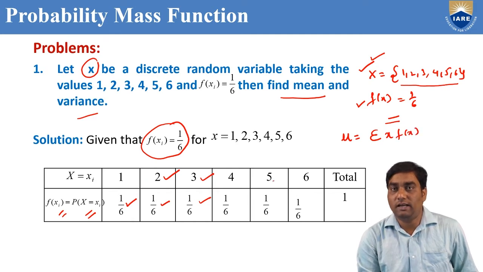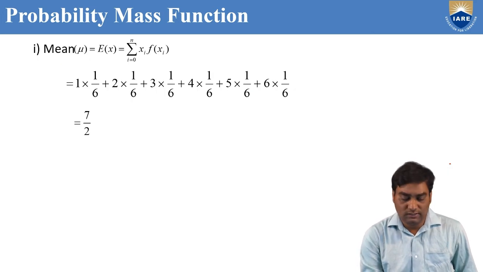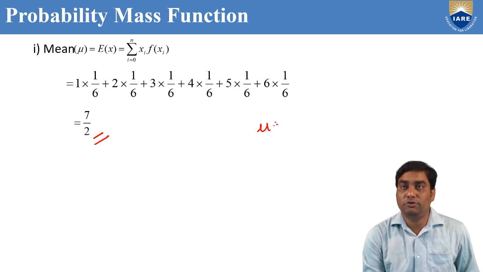So 1 into 1 by 6, plus 2 into 1 by 6, plus 3 into 1 by 6, plus 4 into 1 by 6, plus 5 into 1 by 6, plus 6 into 1 by 6. After simplifying, we get the mean of the probability mass function, mu equal to 7 by 2.